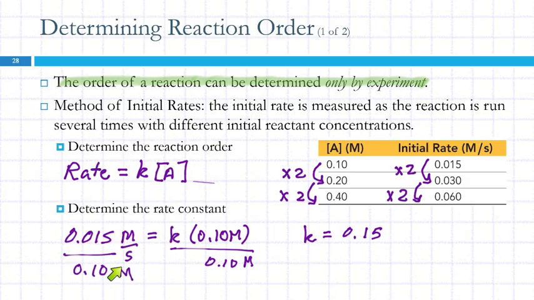What happens to the units over here? We've got molarity per second divided by molarity. It's tempting to say seconds. Molarity squared. No? Inverse seconds. Yeah, so it's 1 over seconds, or s to the minus 1.